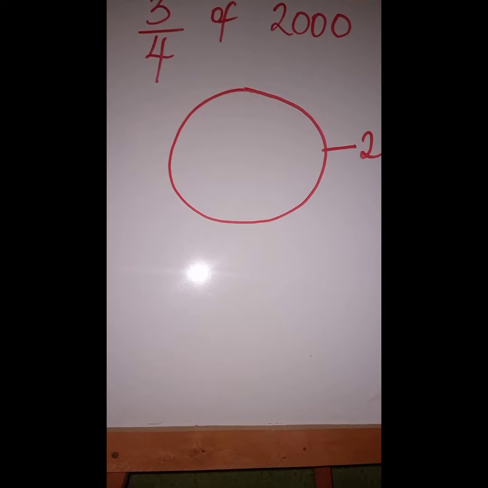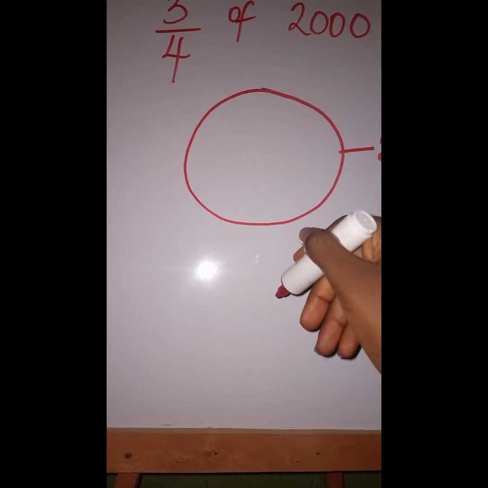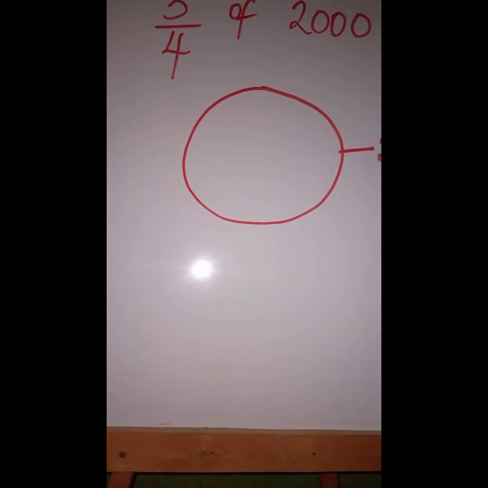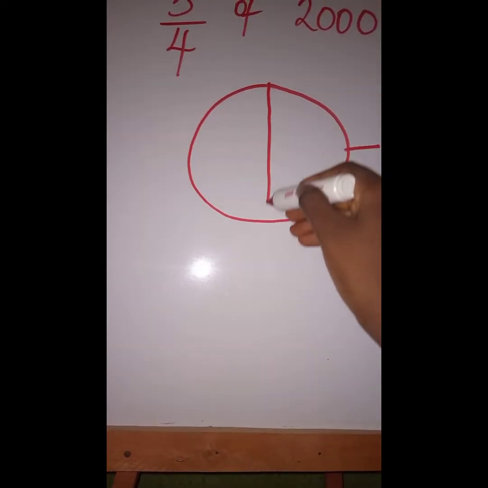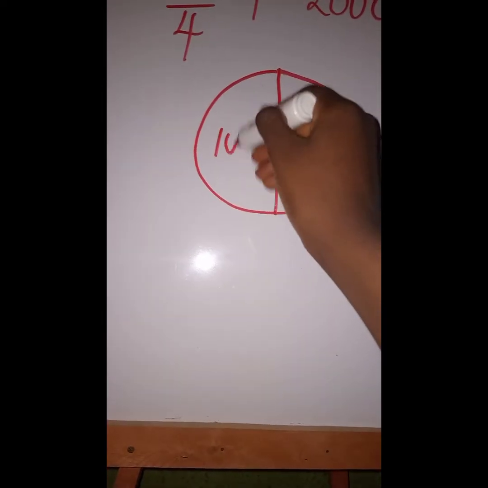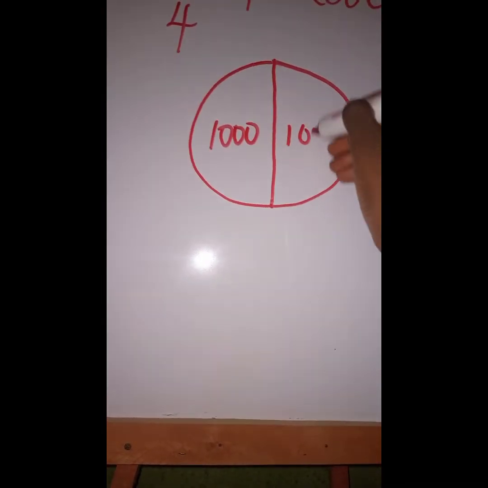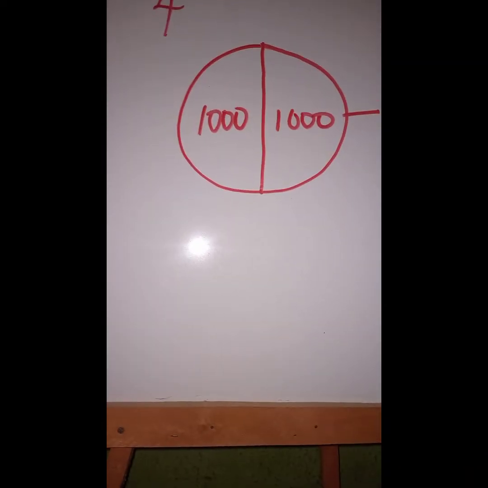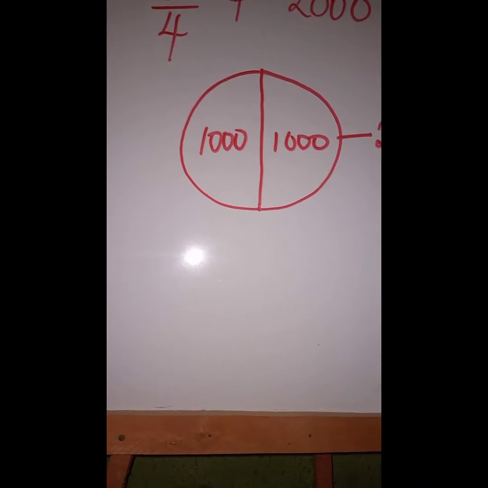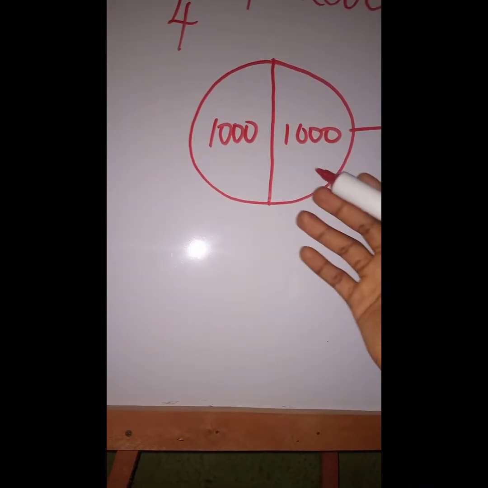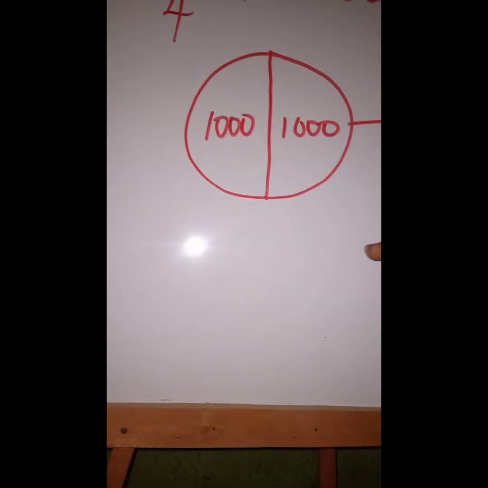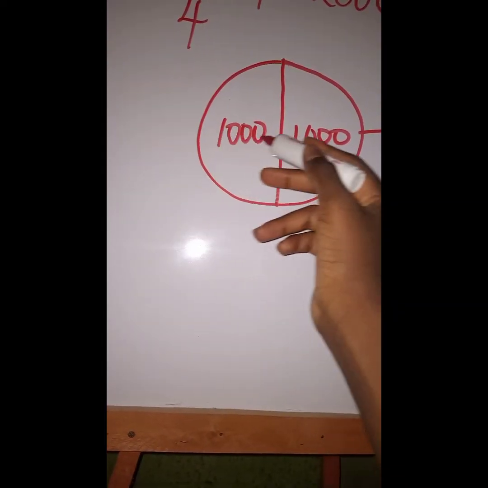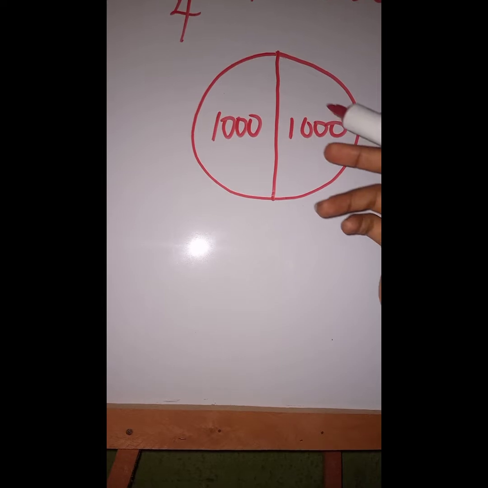Now, we are going to first find the half of our 2000. When you divide your 2000 into 2, it becomes 1000 and 1000. Now, remember, when we say quarter, quarter means 4. So that means we found the half of 2000. Now, we're going to find the quarter, meaning we are going to divide our 1000 into 2 and divide this into 2 also.